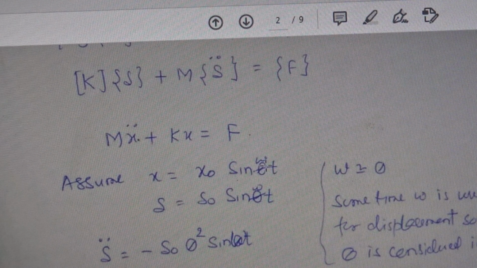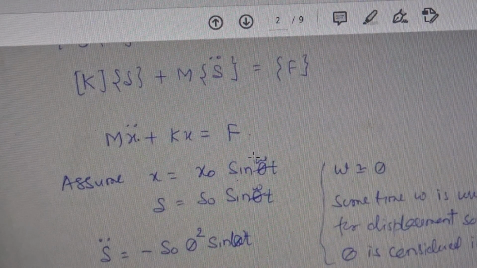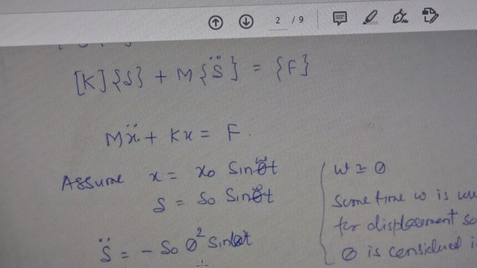Here you take omega as the angular velocity, so that delta double dash is equal to minus delta naught omega square sin omega t. Put w instead of theta, since it is confusing.